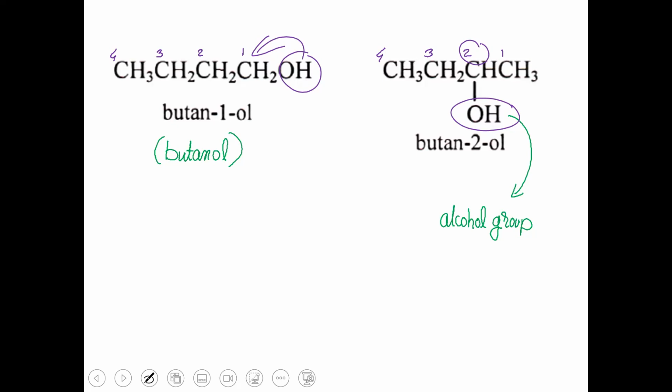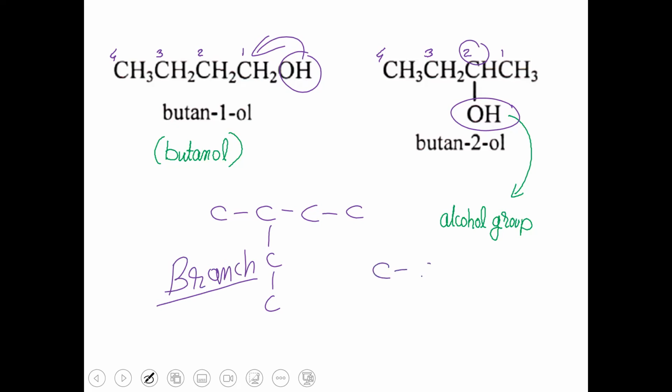This is called position isomerism. This is not a branch. Why is this not a branch? A branch occurs only when you take carbon. So look carefully at the screen. Carbon to carbon to carbon. Now, if I attach some carbon here like this, it is called a branch.